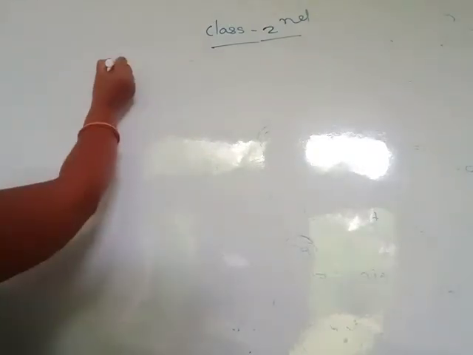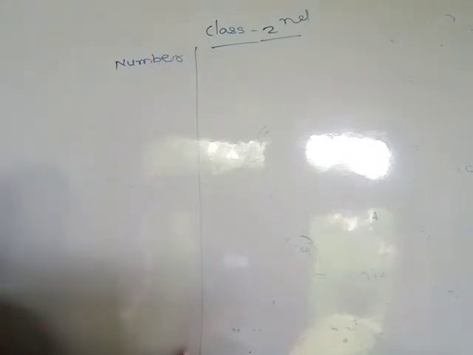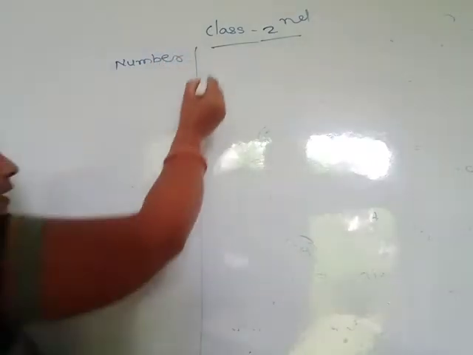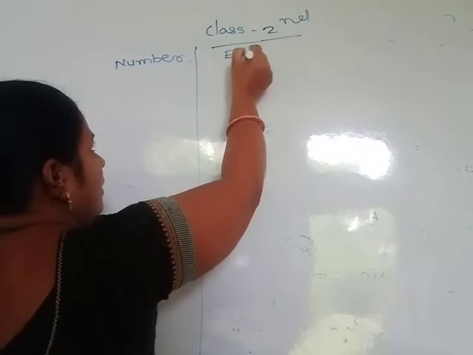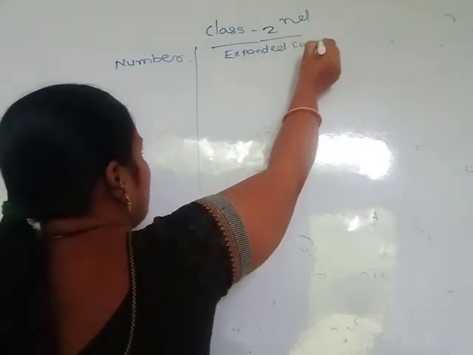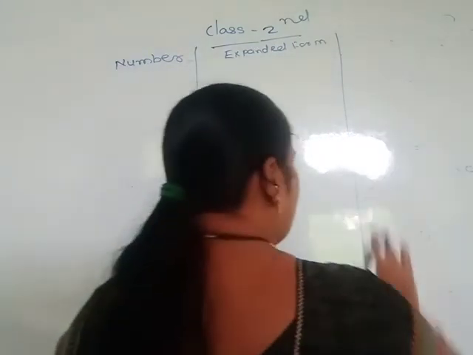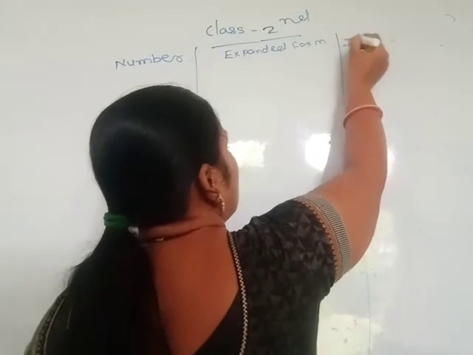Firstly write here the number. Second column, expanded form. And in the third column write here in words.